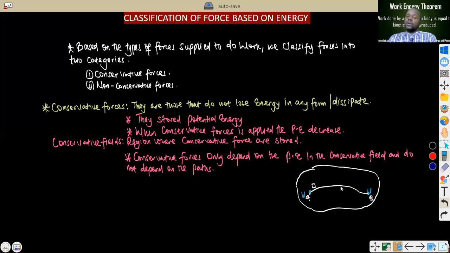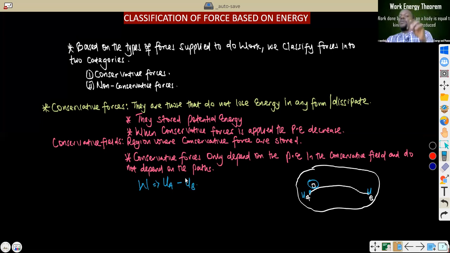If we want to calculate the work done required for this body to move from point A to point B, the work done in a conservative field is only going to be the difference in potential energy, UA minus UB.